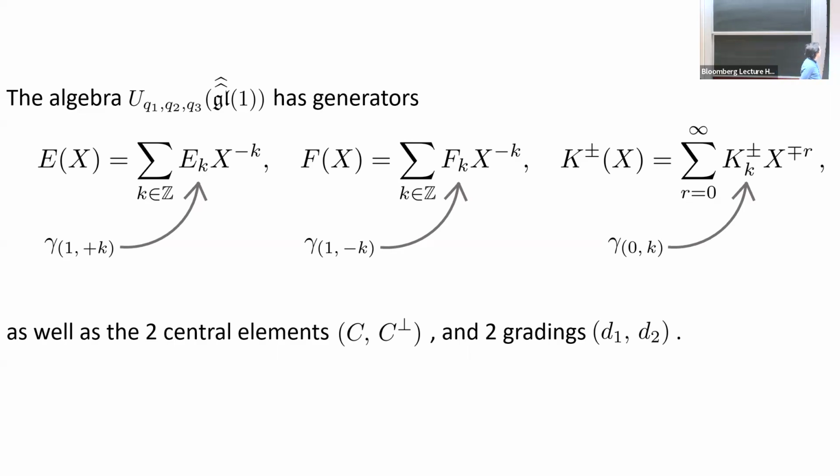Gamma 1, if I switch the sign of K, gamma 1 K goes to gamma 1 minus K. It should be gamma minus 1 minus K, right? The second one should be gamma minus 1 minus K? No, it's 1. That's not what you drew on your drawing. Then I don't understand that. How are you getting a difference between E and F in this gamma? In your drawing, you put the F's in a different place.